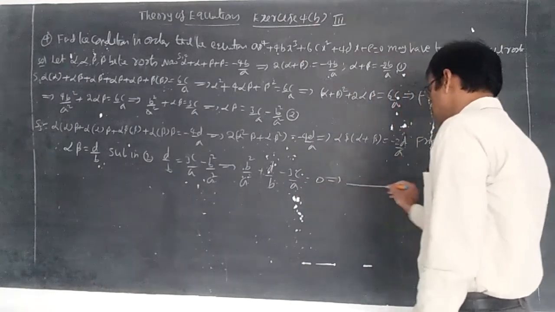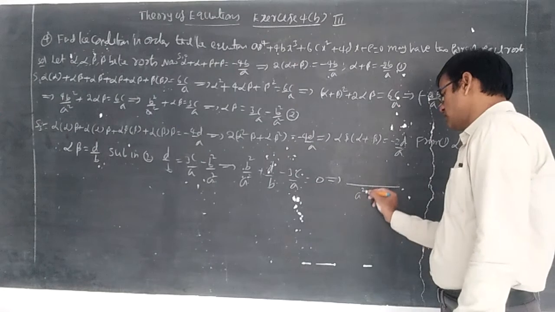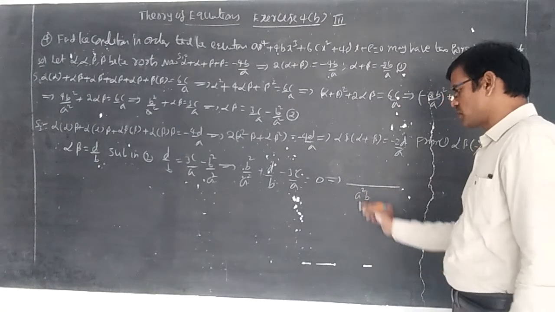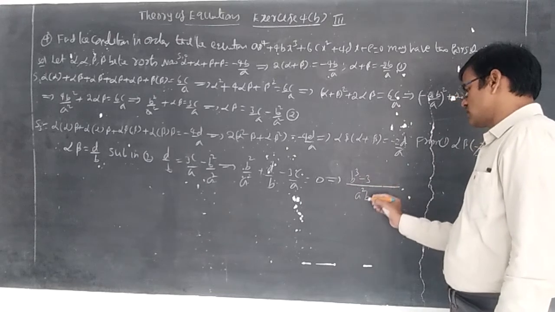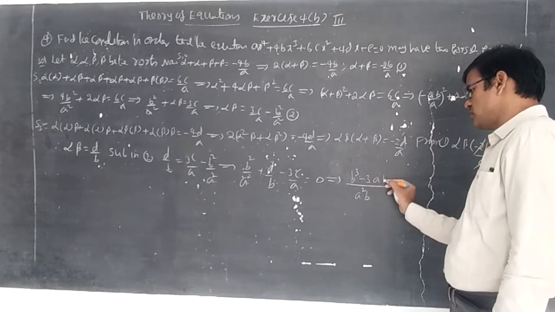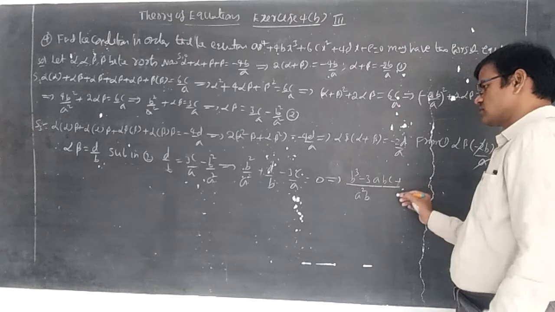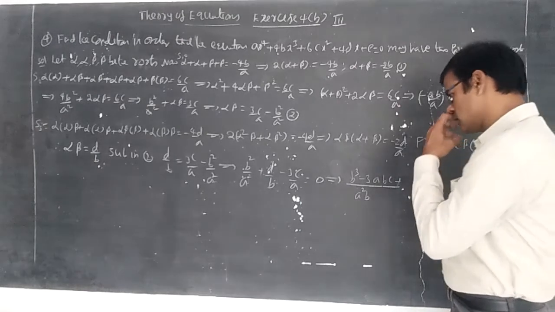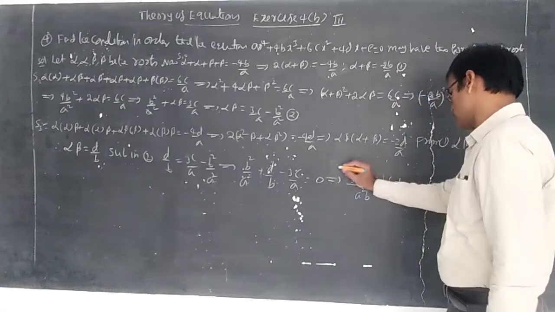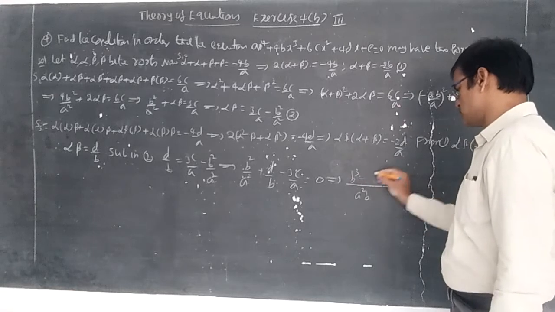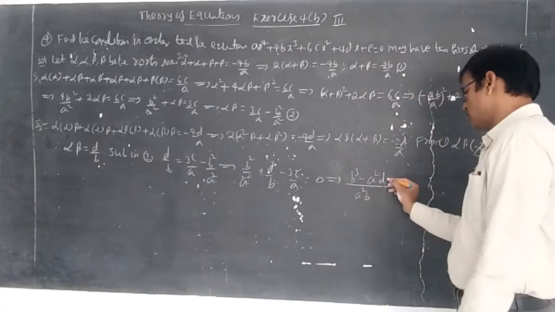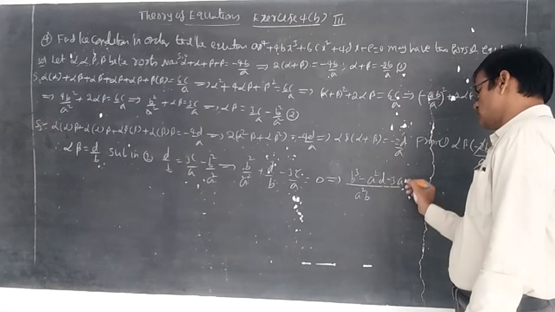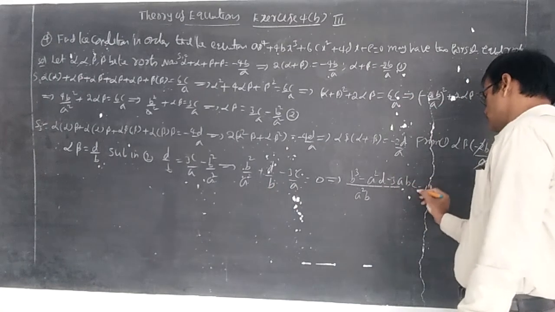That implies, taking LCM in the denominator a square b, you can write b cube plus a square d minus 3abc equal to 0.